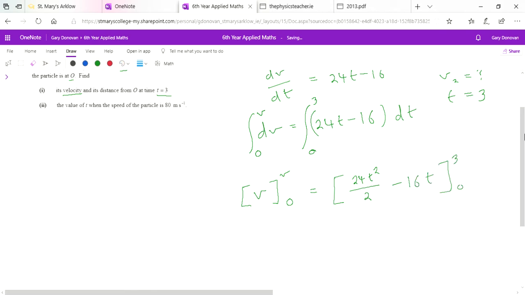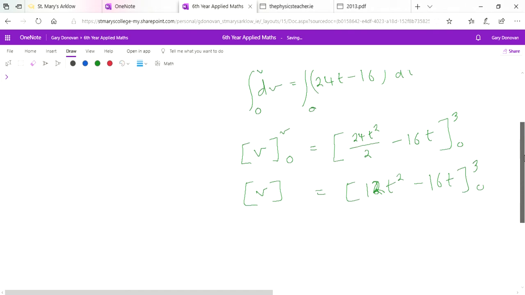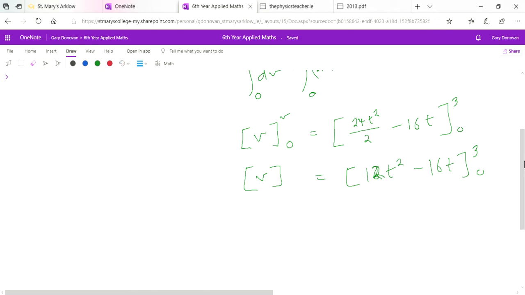Now when you look at this, you actually have an equation for v as well. v minus 0 equals, sorry, that shouldn't be 16, that should be 12t squared minus 16t. Now just before we put in the values of those limits, this is important and it's something we haven't utilized as much in other questions: we actually have an equation for v there. v is equal to 12t squared minus 16t.